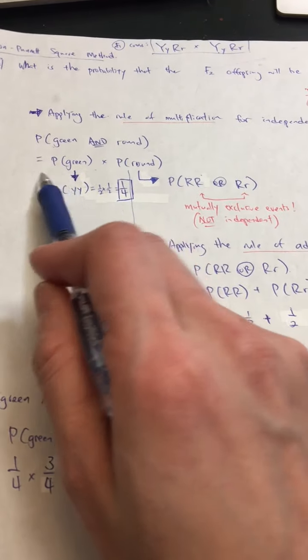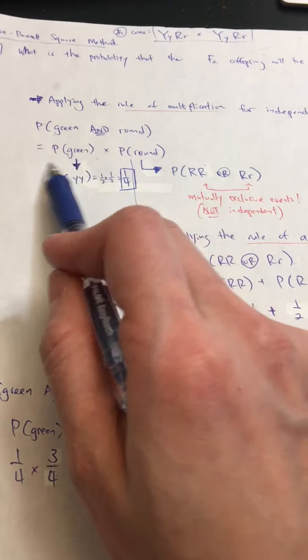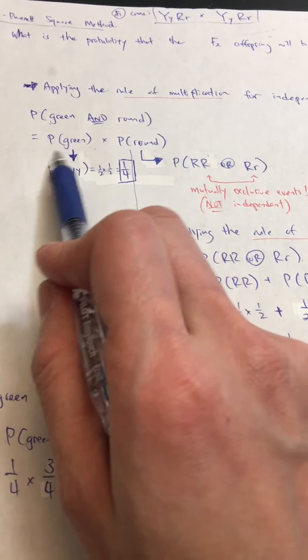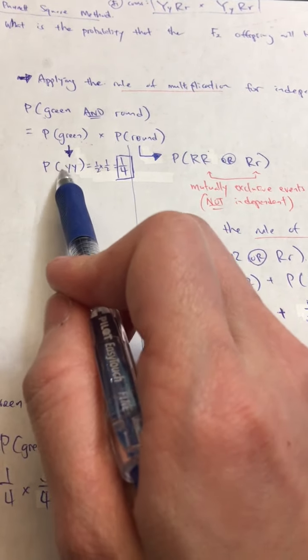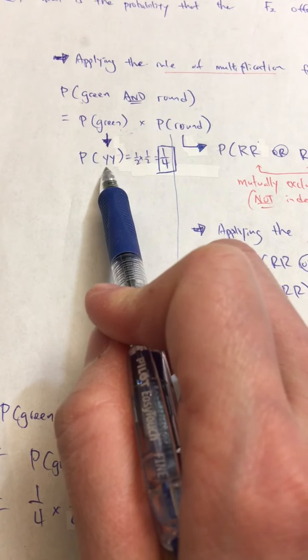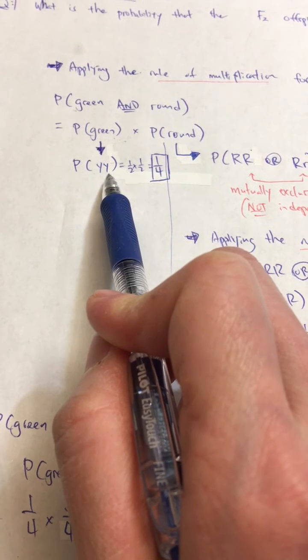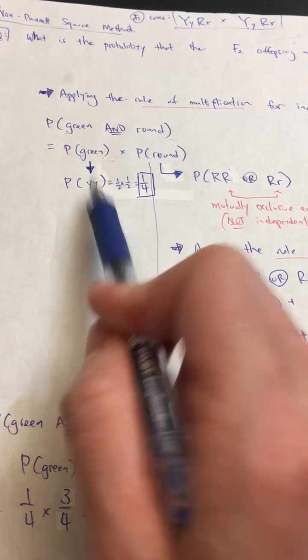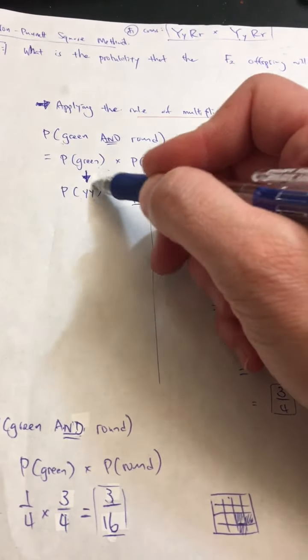So now we can calculate these two probabilities separately. For the probability of the pea being green, the only possible genotype is small y, small y. If you want to do the Punnett square here, you can, and it will be simpler looking, because we're just looking at one gene now.